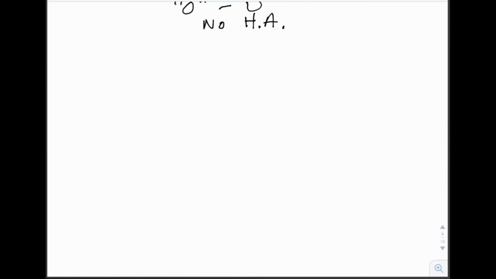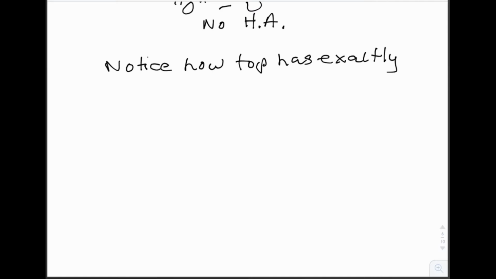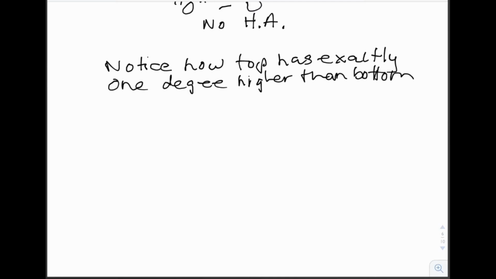So we'll go ahead and say, notice how the top has exactly 1 degree higher than the bottom. So in this case, if this happens, we will have oblique asymptotes.